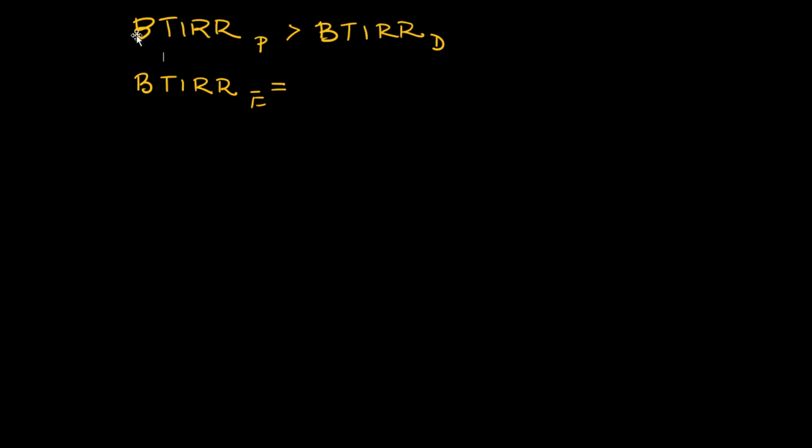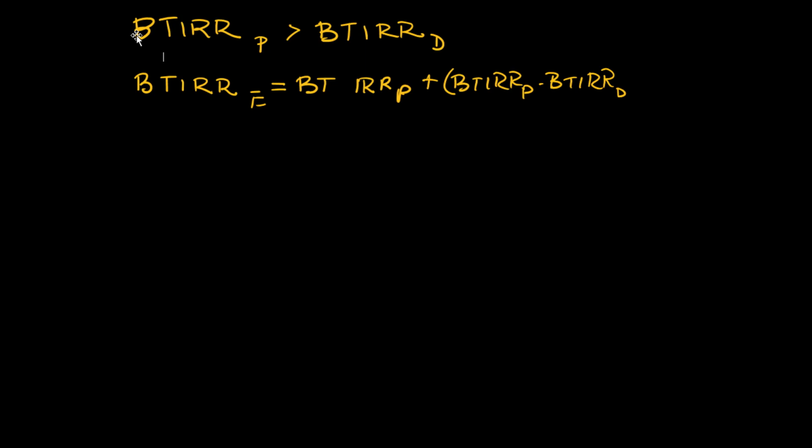So, there is the BTIRR, which is the before tax (BT) internal rate of return, IRR. And then we've got some subscripts that we need to identify. If it's a subscript E, as in elephant, that would be the before tax IRR on the equity that's invested.